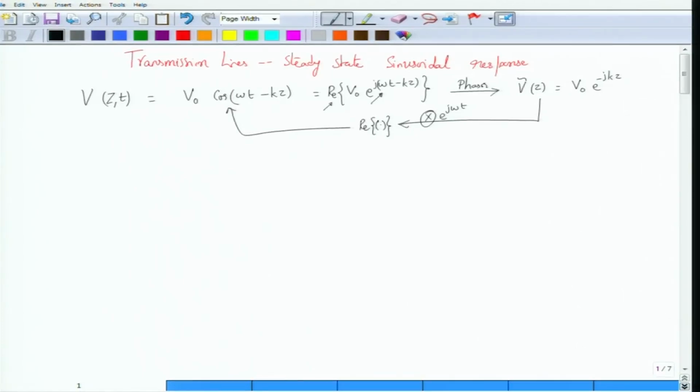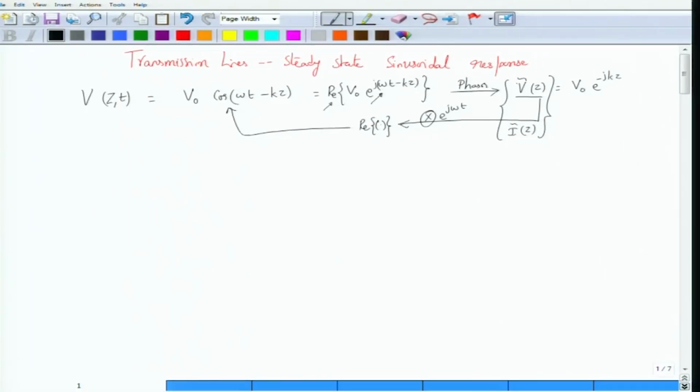So this is all about phasors, and we will be talking about this voltage. Similarly, one can introduce a current phasor, and all our further equations will be described in terms of these phasors, okay. So the first step in order to obtain the sinusoidal response of the transmission line would be to actually rephrase the equations in terms of these phasors and then solve those equations, okay.